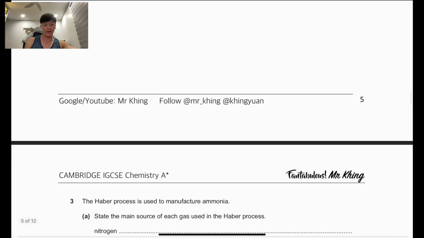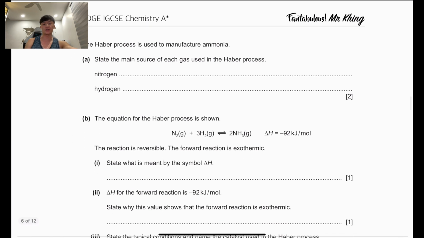Okay, next one. Q3, Haber process. Haber process is needed to produce ammonia. So they're asking for the main source of each gas. So what's the source of nitrogen? Okay, air. Remember, it can be obtained through fractional distillation of liquid air. How about hydrogen?